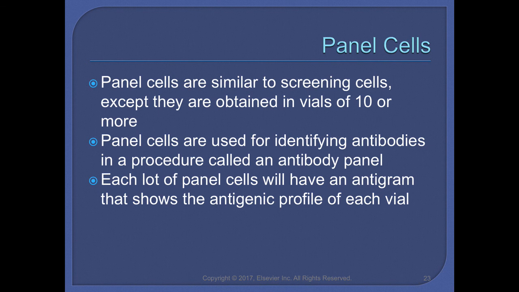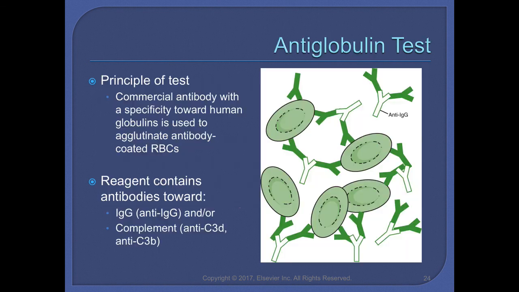Each lot of panel cells will have an antigram that comes with it that shows the antigenic profile for each of the vials. Each vial of red cells will have a different reaction with the antigens that correspond to different clinically significant blood groups. We'll get into antibody screens and antibody panels in a few lectures after this.